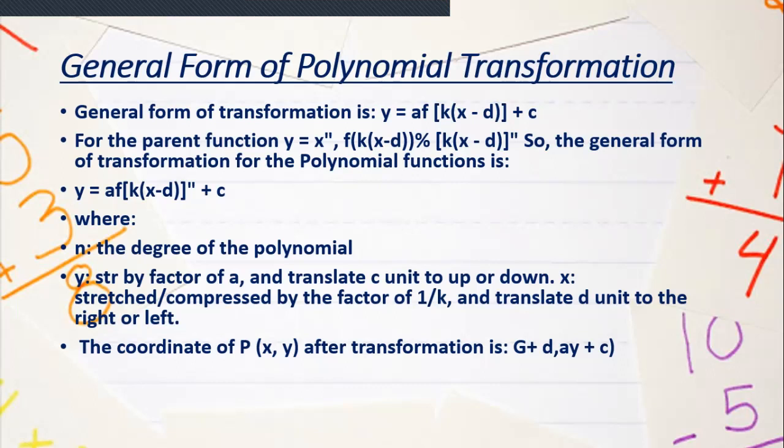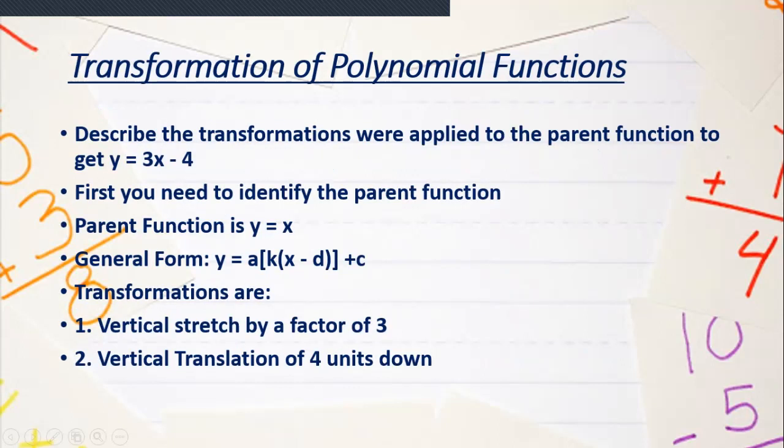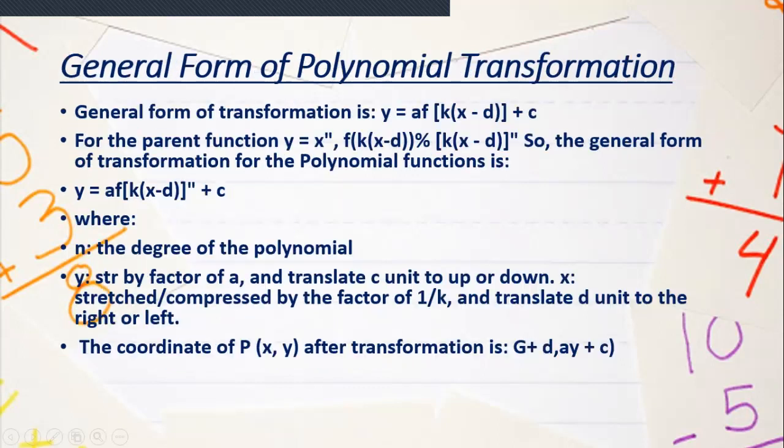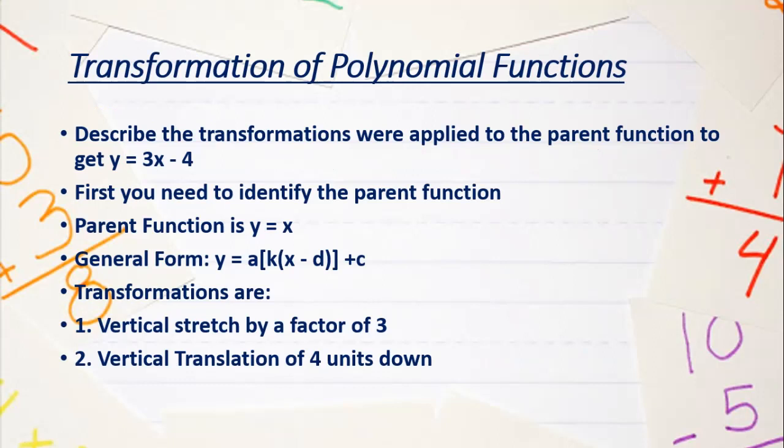So we substitute values in it, where n is the degree of the polynomial, it is stretched by the factor of a, and translated c units up or down, and it is stretched or compressed by the factor of 1/k and translated d units to the right or left, depending on the situation. All right, I'll just move on. The coordinate of P(x, y) after a transformation would be (x/k + d, ay + c).